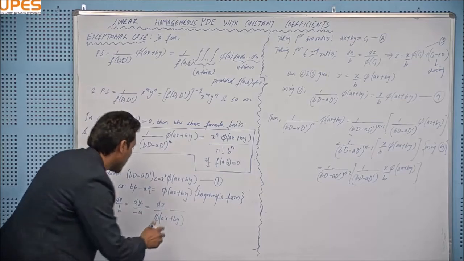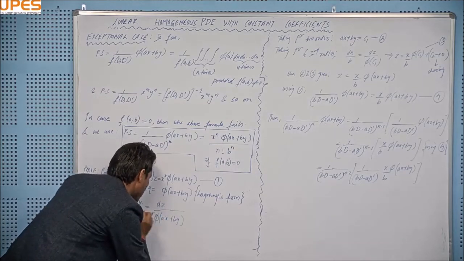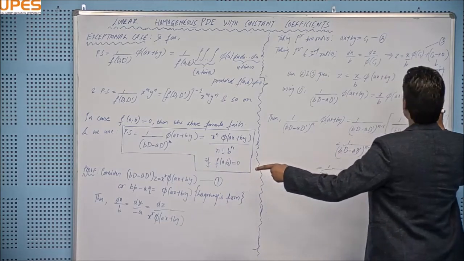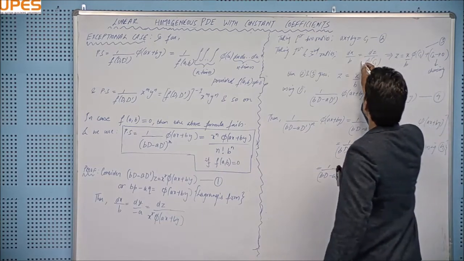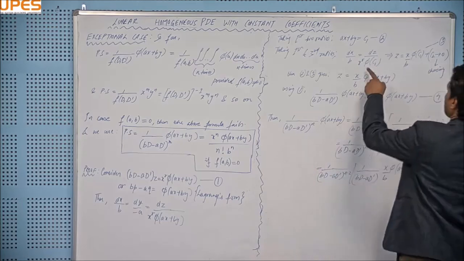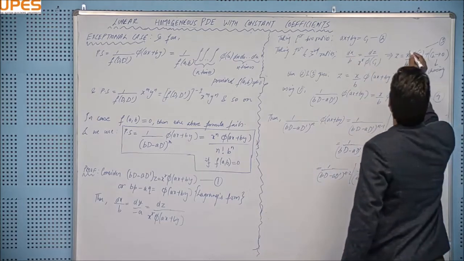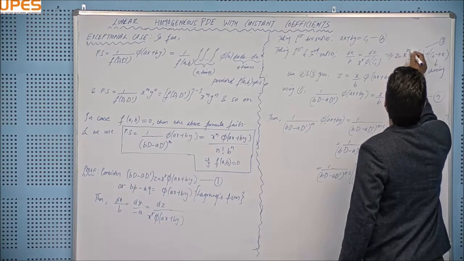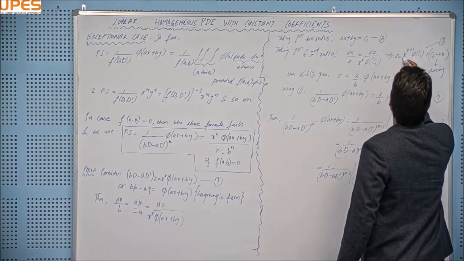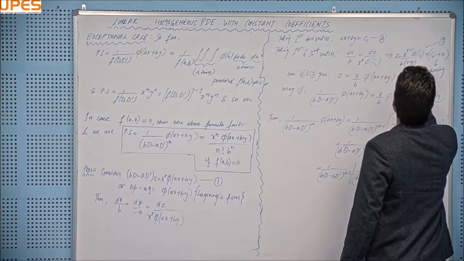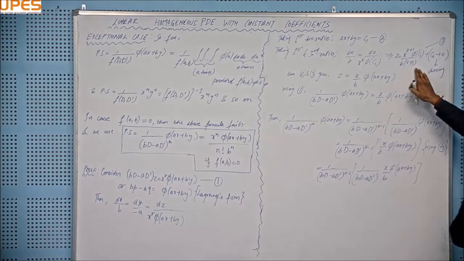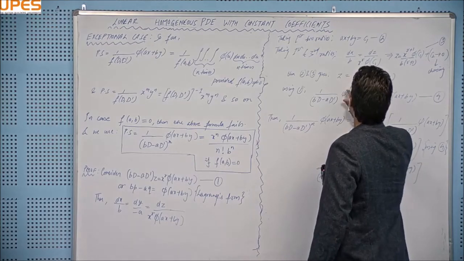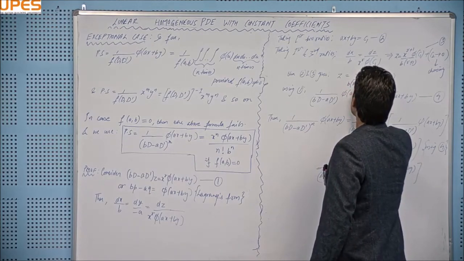On integration it will become x to the power r plus 1 upon b times r plus 1. This is fine.